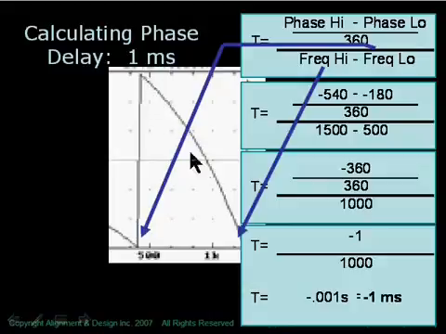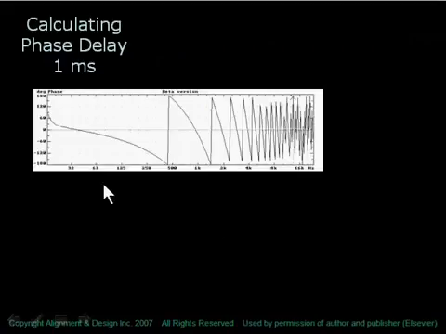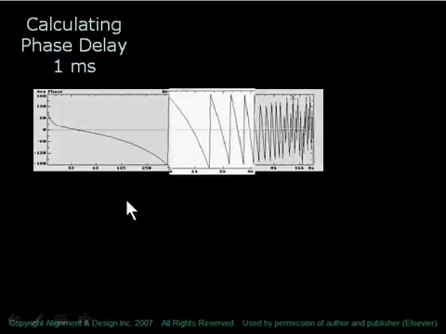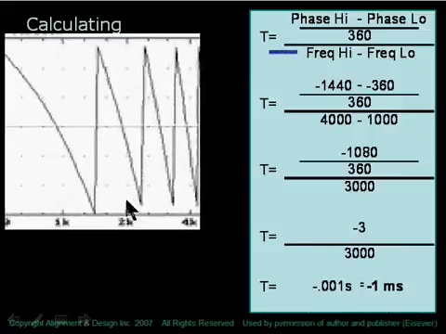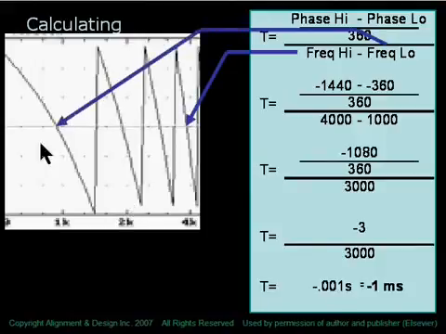Let's return to our phase response, but we're going to work in a different frequency range, this time going from 4000 Hertz at the top to 1000 Hertz at the bottom, a span of 3000 Hertz.